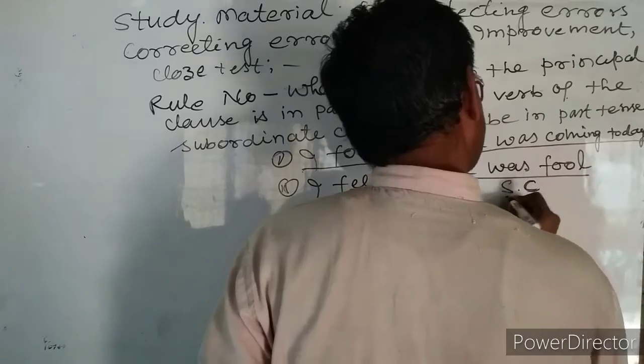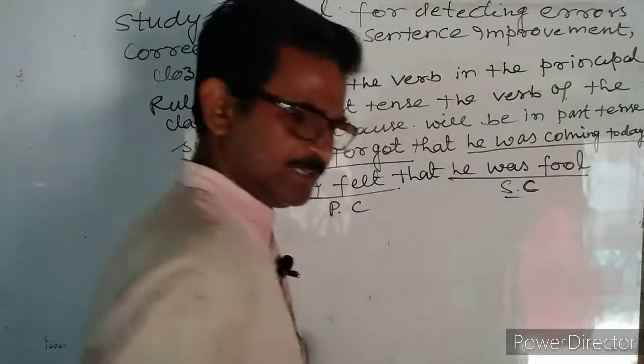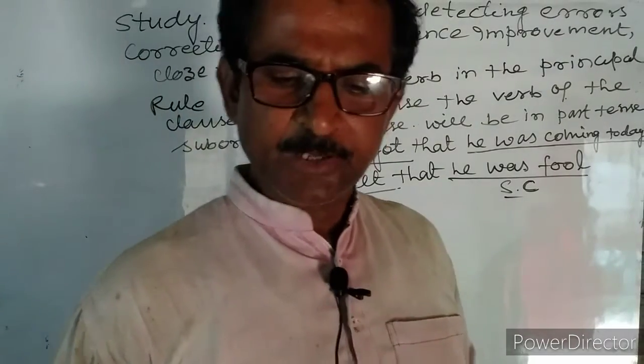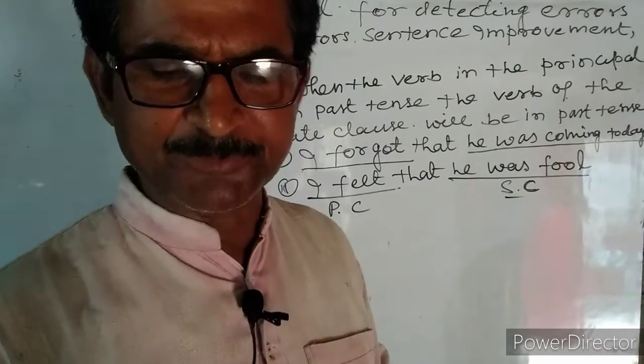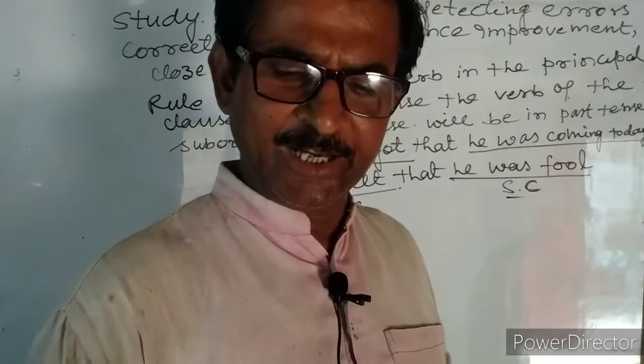This is the subordinate clause, whereas this is the principal clause. That is rule number 1.